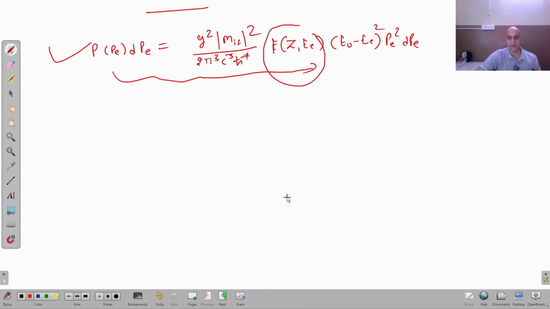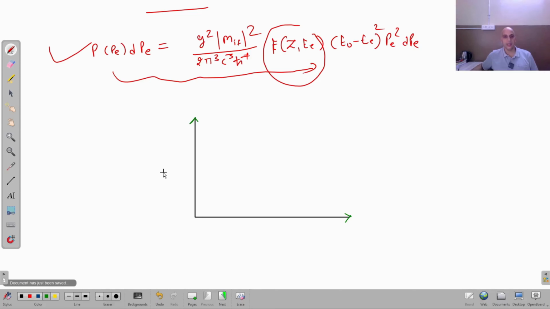I am drawing a graph that will show you the meaning of this mathematics. So this is the graph that is used for understanding the behavior of the beta particle spectrum.